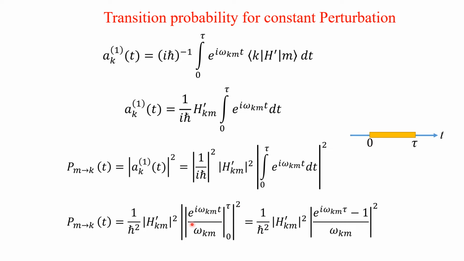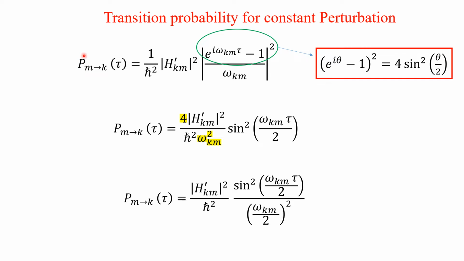If you apply the limit, the upper limit is tau, so this will become e^(iω_km tau) divided by ω_km. Then the lower limit is 0. When t equal to 0, the lower limit will become 1. So naturally this will become (e^(iω_km tau) minus 1) divided by ω_km, whole square.